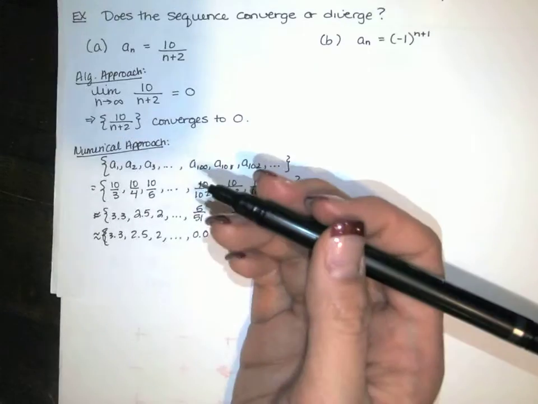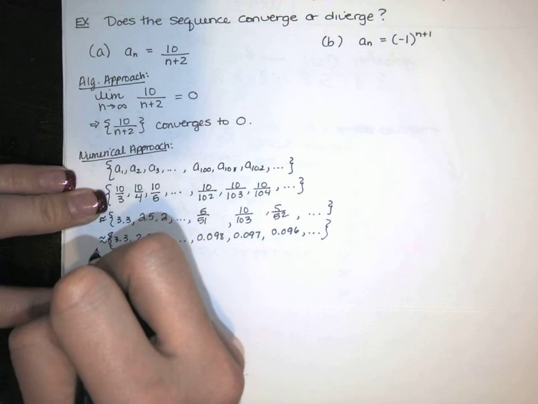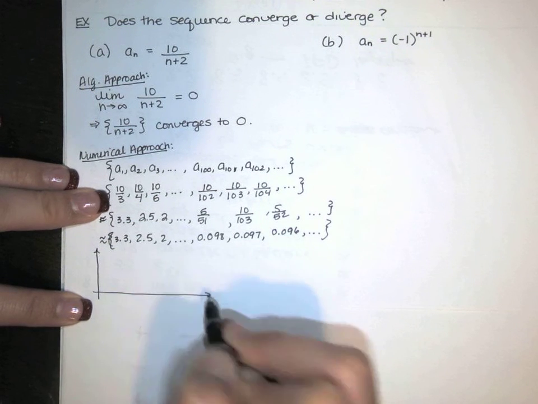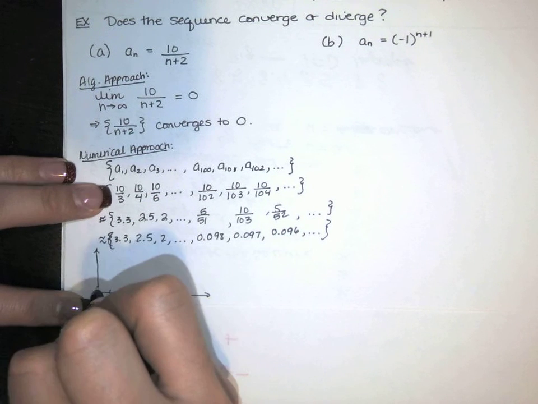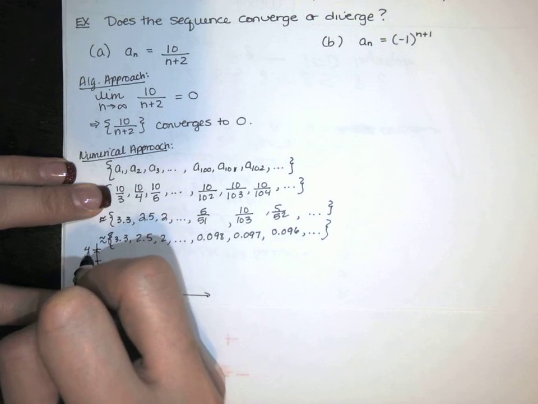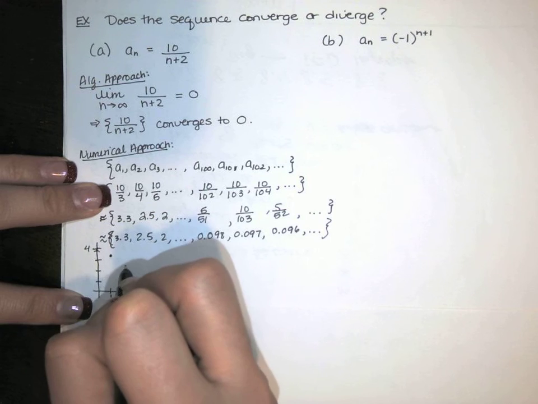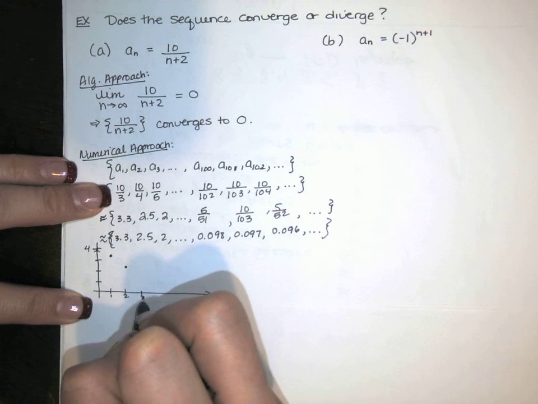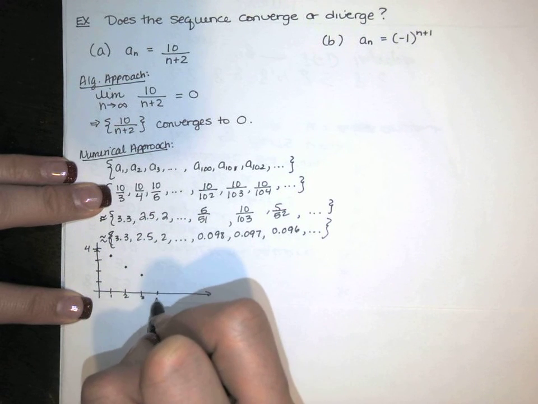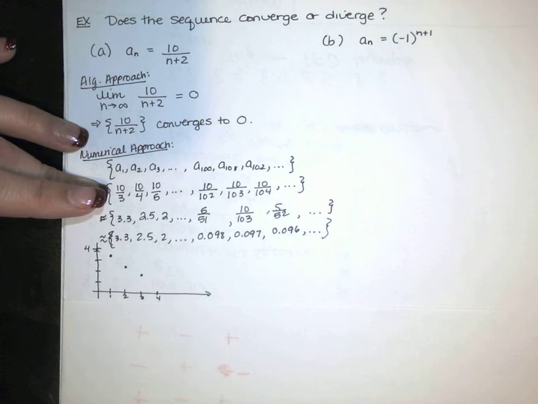Let's look at this same limit geometrically. At n equals 1, we get 3.3. n equals 2, we get 2.5. n equals 3, we get 2. n equals 4, so I'm going to have 10 over 6.